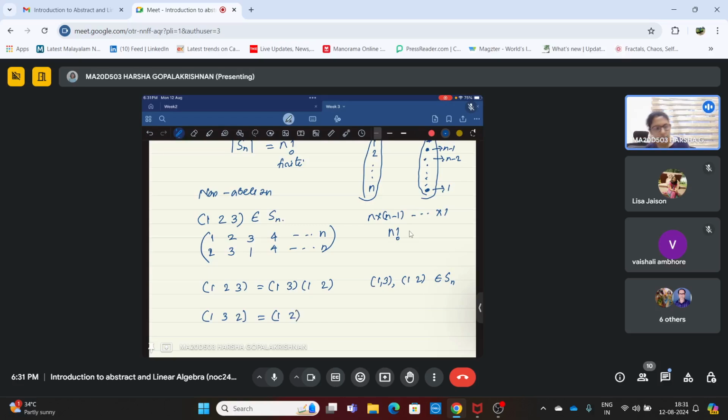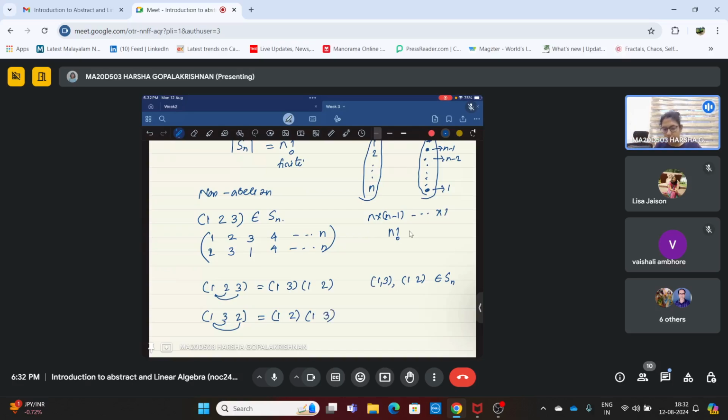If we have a cycle, we write it as a product of transpositions this way: first (1 3), then (1 2). Here also, first (1 2), then (1 3). This is writing the product of transpositions.